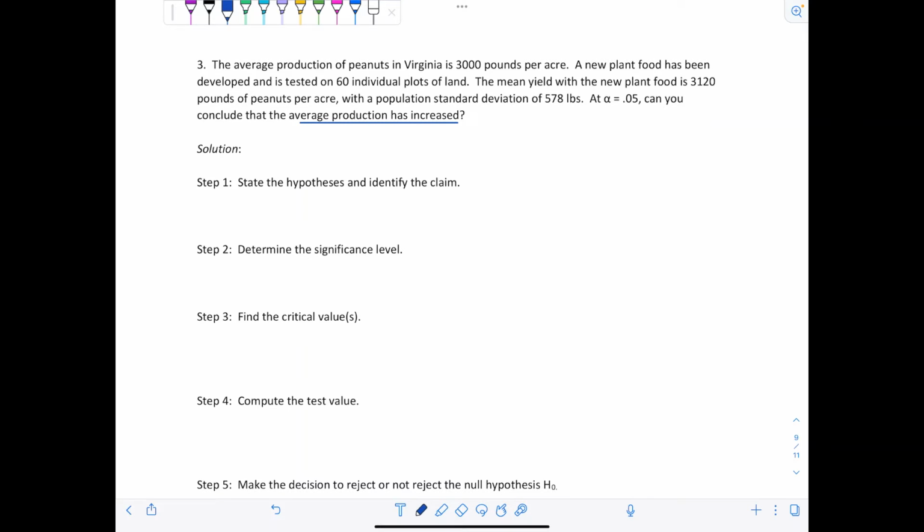Okay. So notice here, this 3,000 pounds, that's my mu. Okay, and then here's n equals 60. The mean yield from that sample of 60, that's my x bar, that's 3,120. And here's my population standard deviation, so that's sigma. And they want to know if we can conclude or claim that the average production has increased.